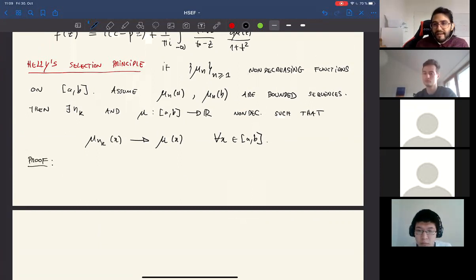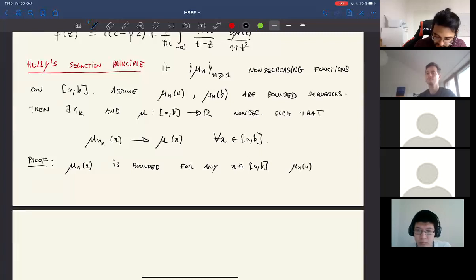So the proof is a kind of what you can do. I mean, you have no idea what to do when you have something like this, and you just do the most obvious thing, which is, if I just pick a point, I know that the sequence mu_n of x is bounded for any x in B, just because it is trapped between two points.